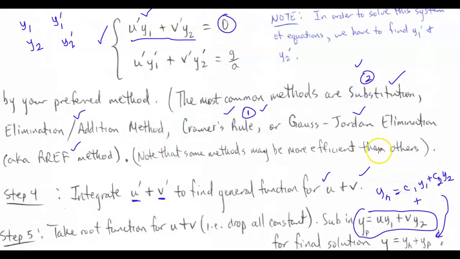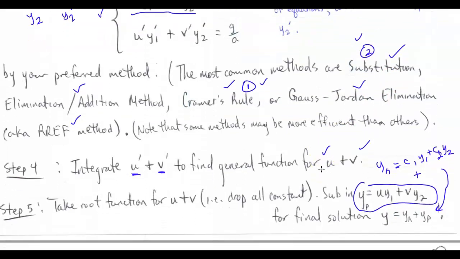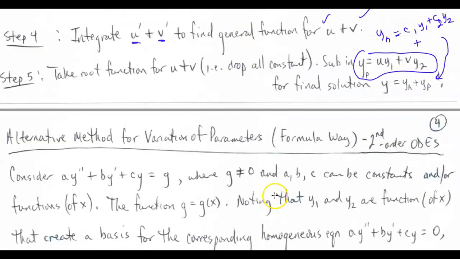And then of course, you could use whatever methods you want, but Cramer's rule or substitution is going to be preferred. Take your antiderivative of u prime and v prime, and then just take your homogeneous solution plus particular solution, add them together. And so those are the steps for that.